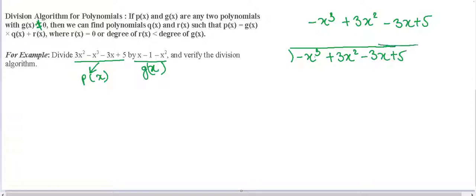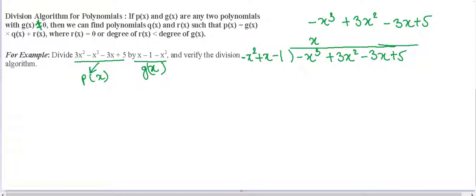And here you will write again in this descending order only: minus x square plus x minus 1. So the very first term will be x, because you will multiply it, you will get minus x cube.